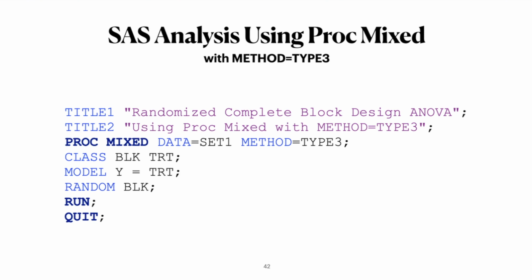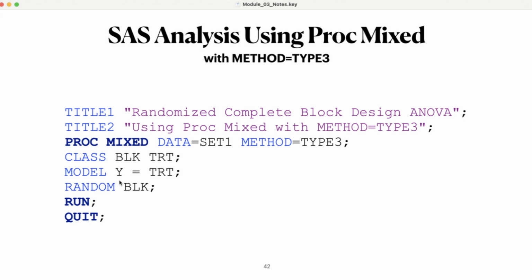And then the way that we specify the randomized complete block model in SAS, there are a couple ways to do it, but one way is to specify the fixed effects part of the model first, and that is done with a model statement.